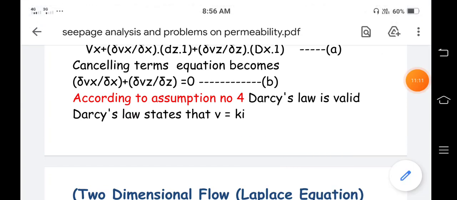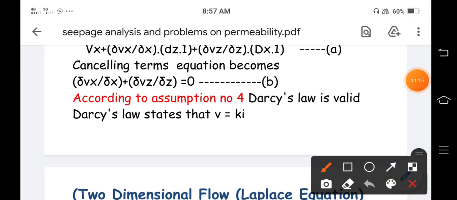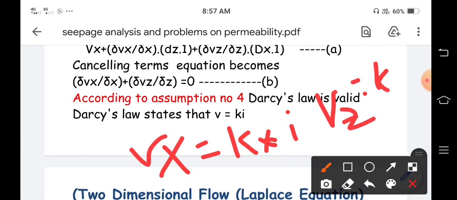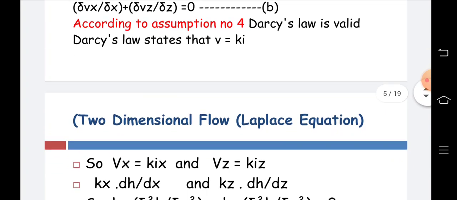Okay, so for the x direction, what will be the formula? That is Vx equal to kx into I, and for the z direction the formula will be Vz equal to kz into I. Okay, so we have to put this formula here.